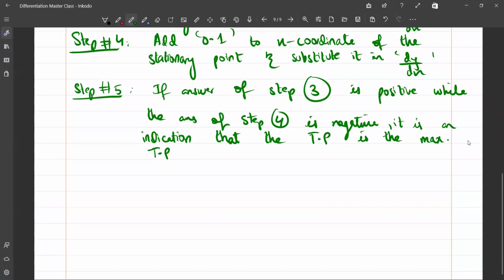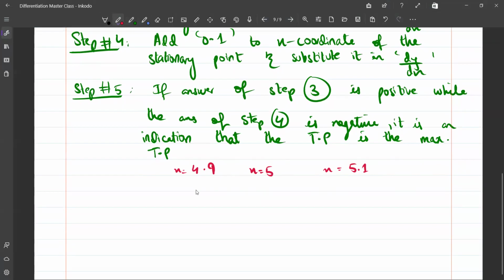So let's say x is equal to 5, and x is equal to 4.9 and x is equal to 5.1. We deducted 0.1 from the turning point and added 0.1 to the turning point.